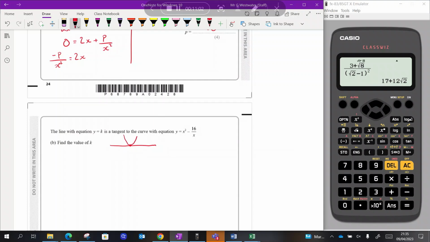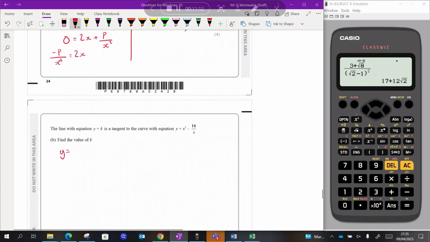Okay? There are a couple of ways you can do this, but let's go back to our differentiation model where we have y equals, what was it, x squared, this time minus 16 x to the minus 1, and differentiating, dy by dx equals 2x plus 16 x to the minus 2.